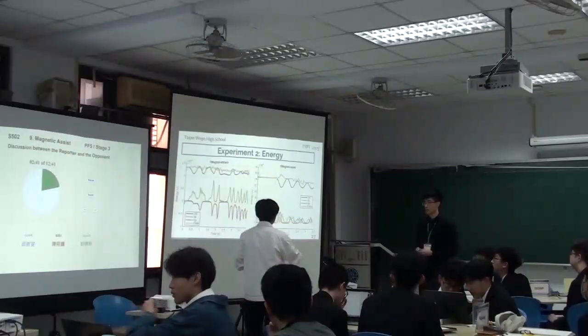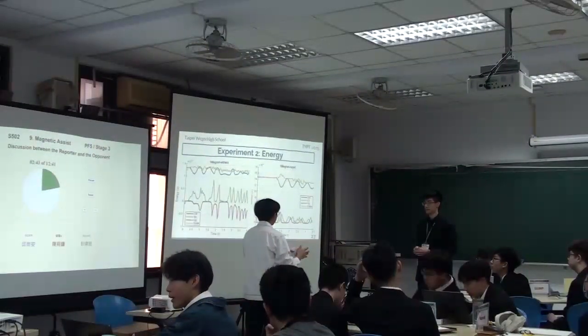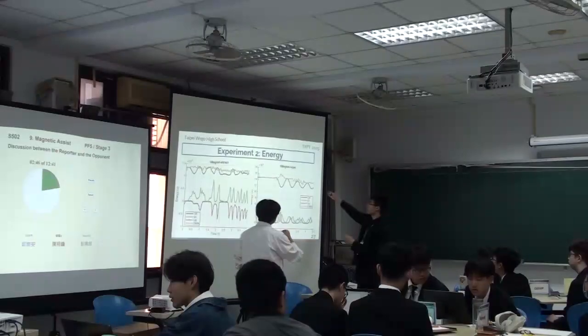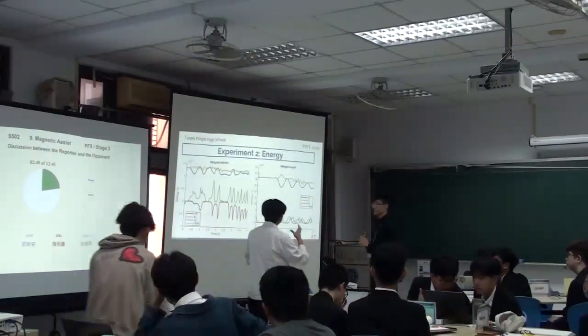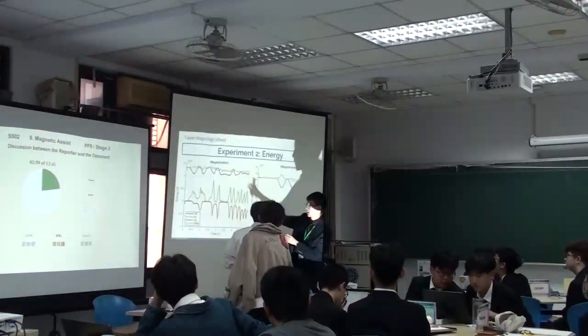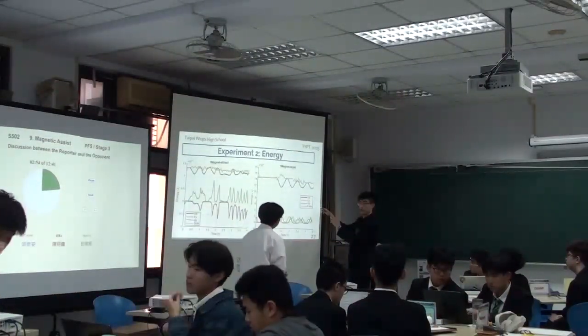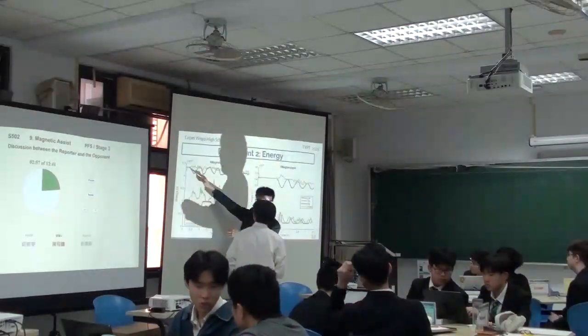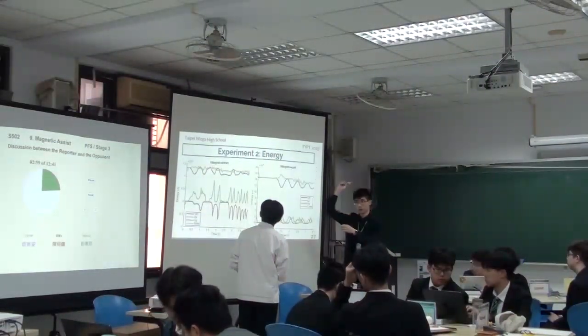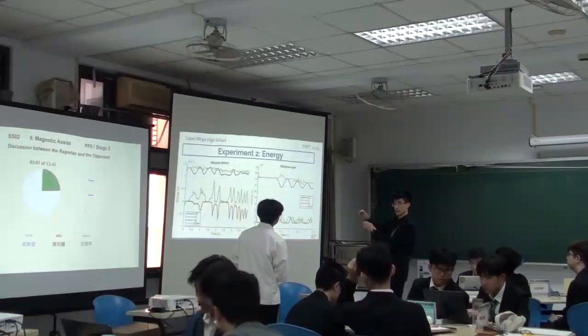So you say it is a very sensitive system. You can see some vibration here. Ideally, the yellow line, which symbolizes the total energy, is supposed to be a horizontal line. So there will be some oscillations between the lines.